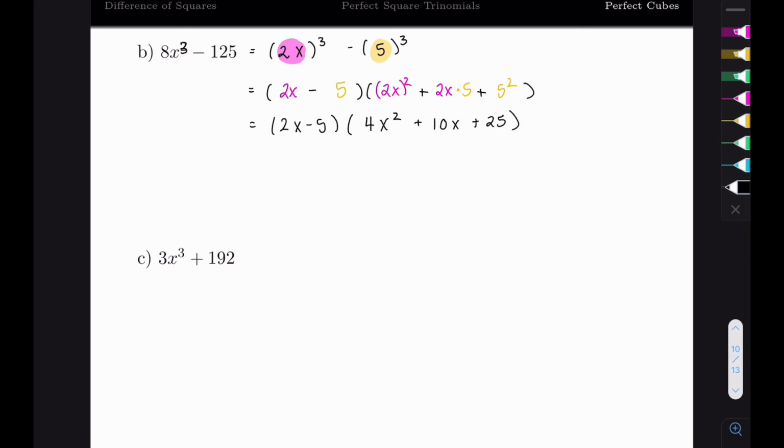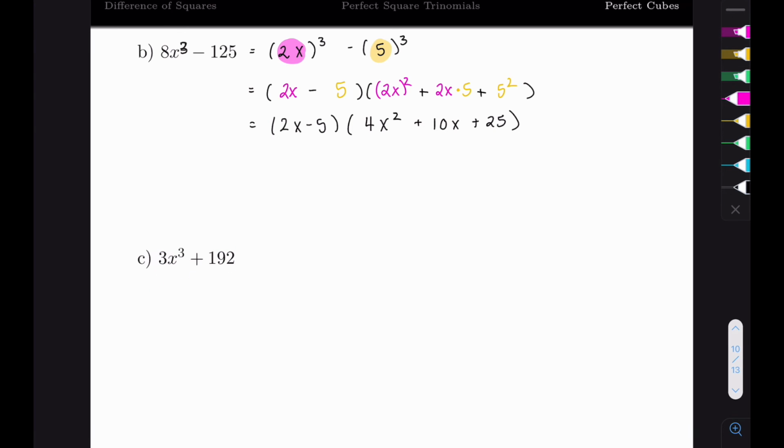And again, you could multiply this out to verify that you put all the pieces in the formula correctly, but that is correct. For this next one, unfortunately, just looking at this, 3 is not a perfect square, and 192, I can't think of anything off the top of my head.